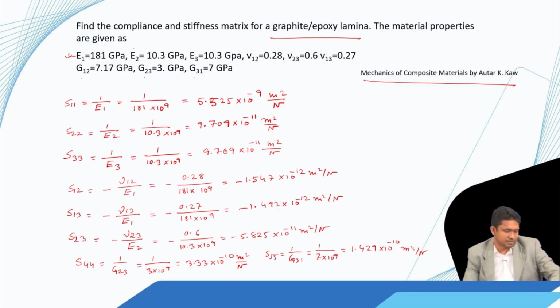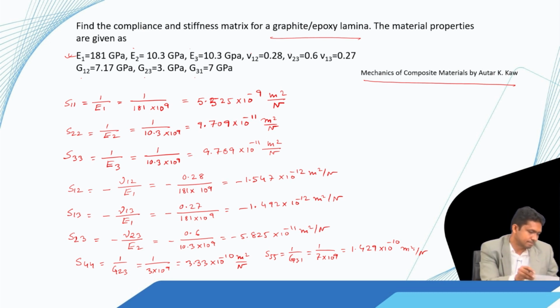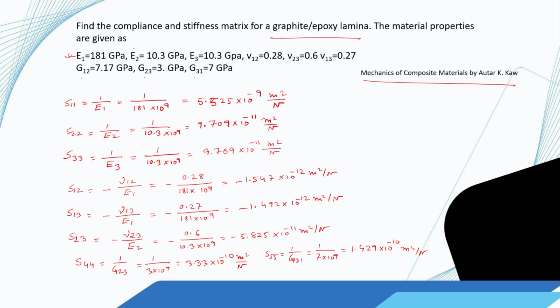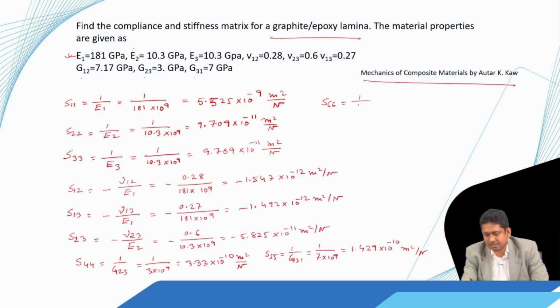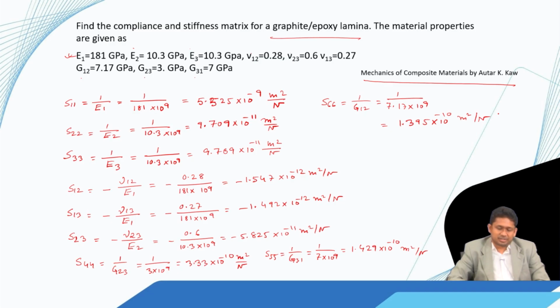And then finally, we have S66, which is 1 by G12, that is 1 by 7.17 into 10 to the power 9, and that gives me 1.395 into 10 to the power minus 10 meter square by Newton. So, these are the components of compliance matrix S.